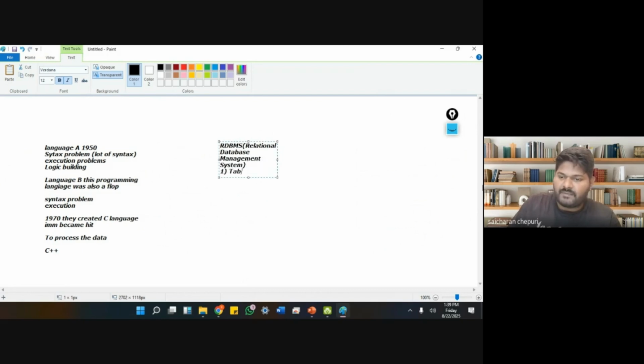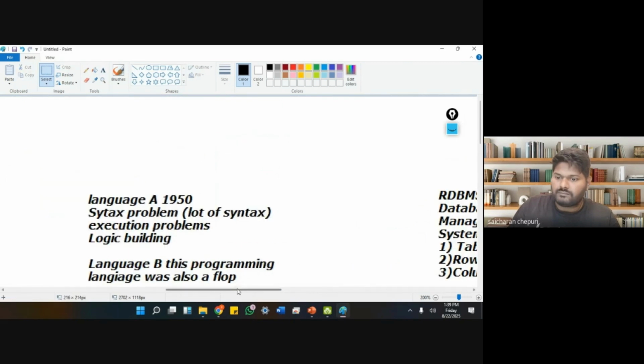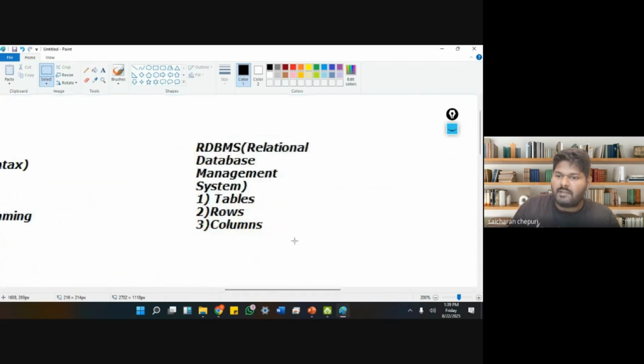First, tables, rows, columns. So RDBMS is all about tables, rows, and columns.